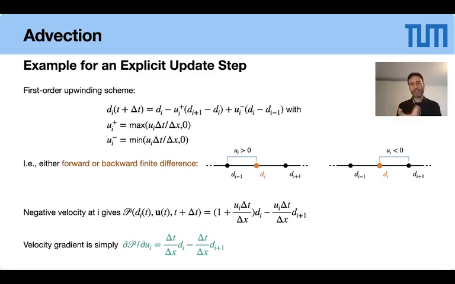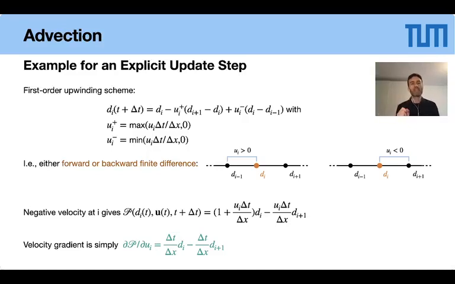And if you look at this, we're just left with the terms for ui, which in this case is dt over dx, di minus dt over dx, di plus 1. So we're basically getting a scaled finite difference, or if you want, a density gradient for the influence of u in that particular case.